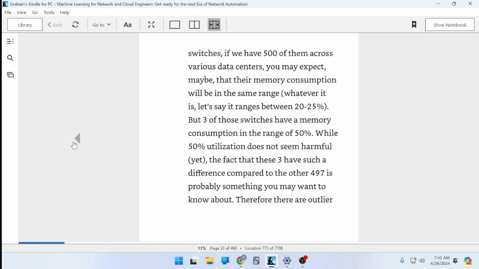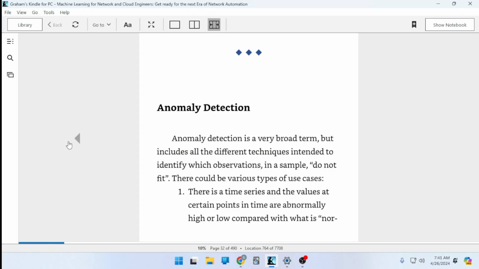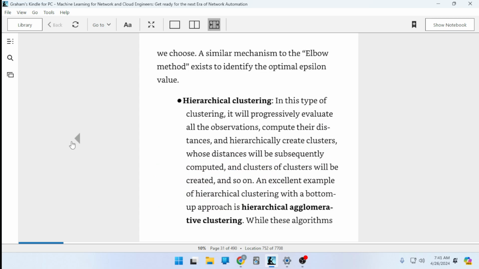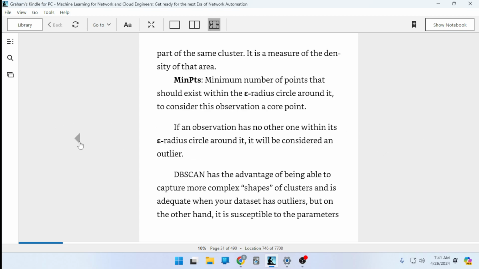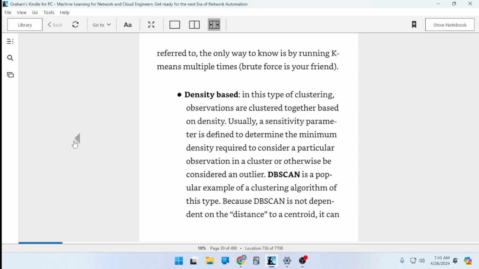So we learned about algorithms to procure the data for training. So we learned about clustering algorithms. We learned about anomaly detection just recently. We learned about types of clustering algorithms, hierarchical clustering, and density-based clustering.